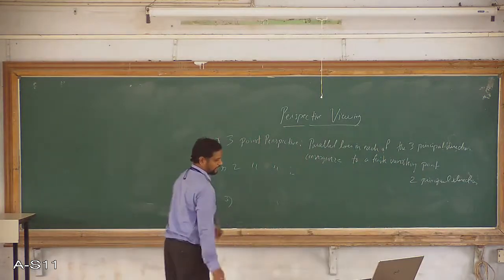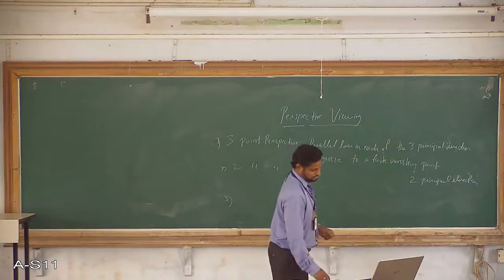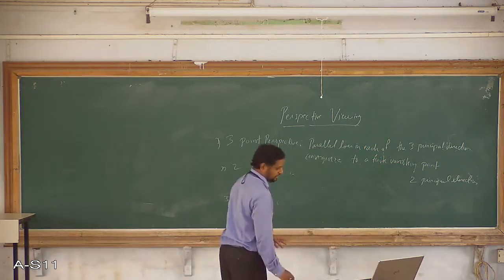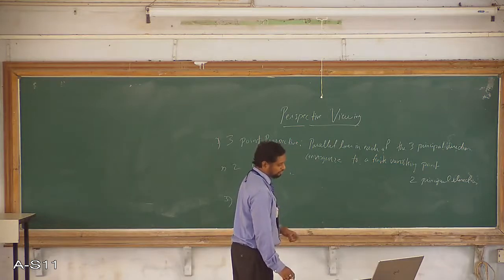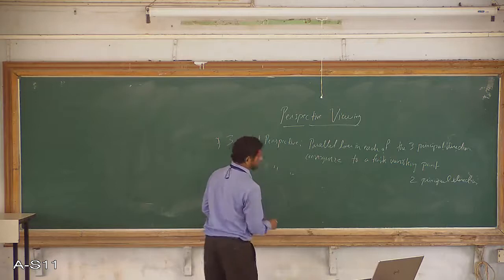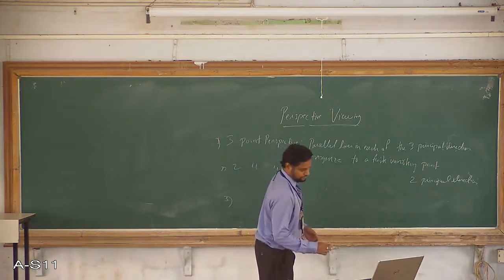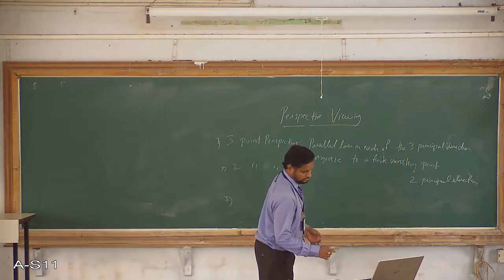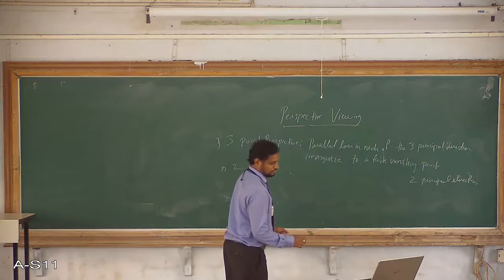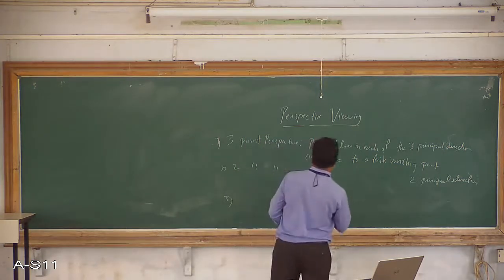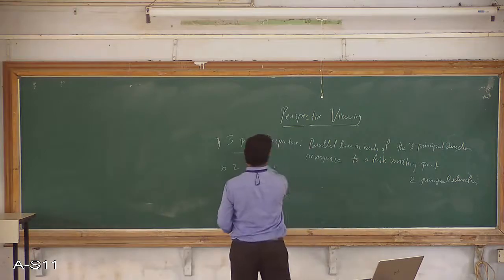One more is one-point perspective: parallel lines in the principal direction converge, or meet, at a finite vanishing point. Same here, for one principal direction.